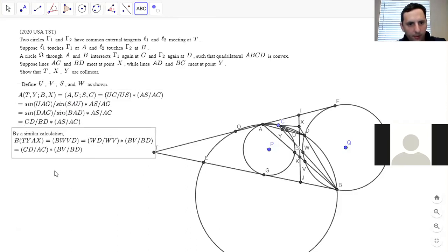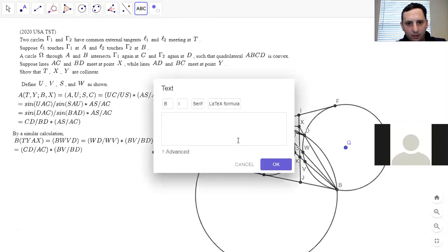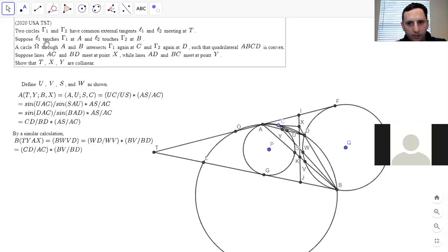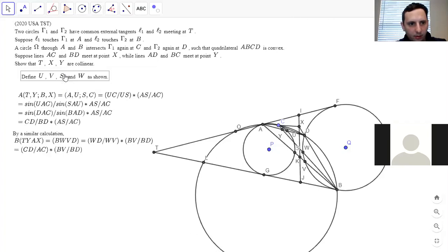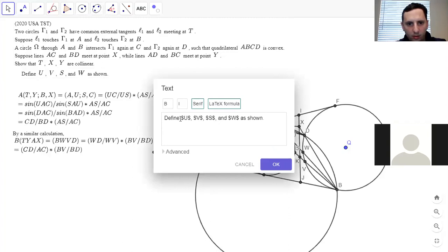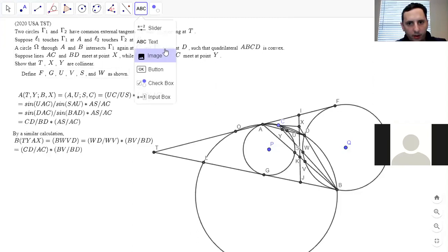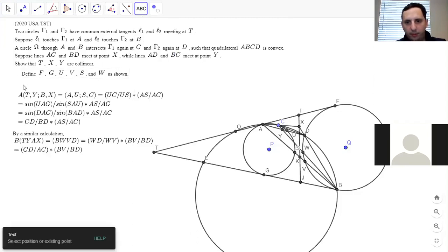So we have that. And then I'll say let I and J be the midpoints of AF, and let I, J, and K be the midpoints of AF, BG, and AB.